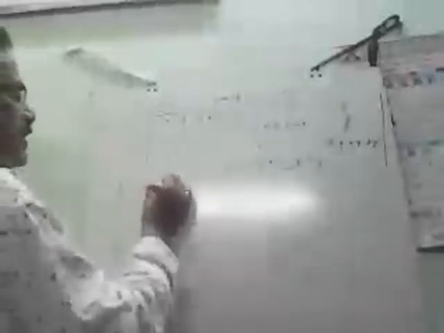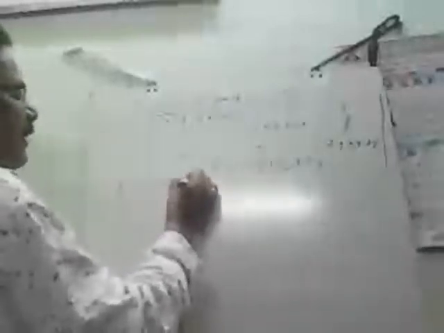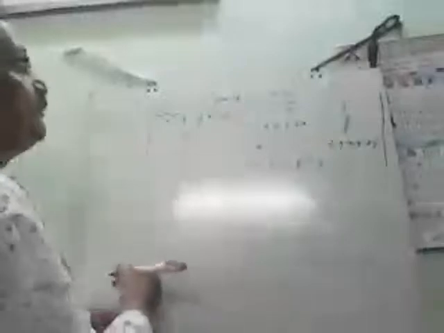Now your second step is adding x plus y plus 2z plus x plus y. The result is twice of x plus y plus z.